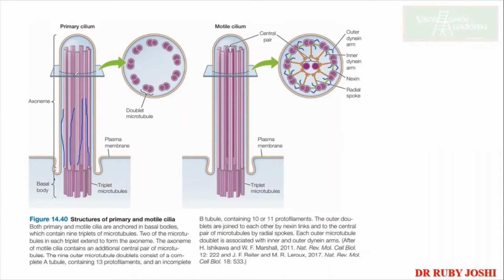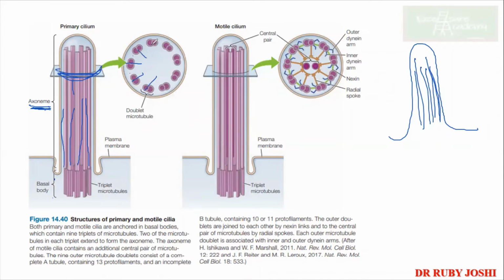Now, do you remember the microvilli which we have talked about? There it was actin filaments, similar to that. Okay. Now, this is the cross section. So these regions are called axoneme. Now, taking the cross section, you can see that microtubules are arranged in bundles of 2. 1, 2, 3, 4, 5, 6, 7, 8, 9. So 9 doublets are there.